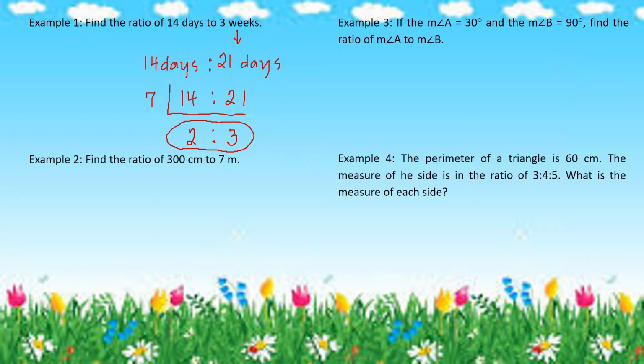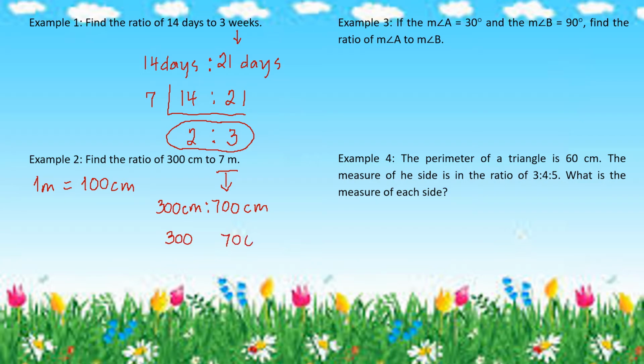Let's have another example. Find the ratio of 300 centimeters to 7 meters. Remember that in 1 meter, there are 100 centimeters. So 7 meters is equivalent to 700 centimeters. We now have the ratio 300 centimeters is to 700 centimeters.